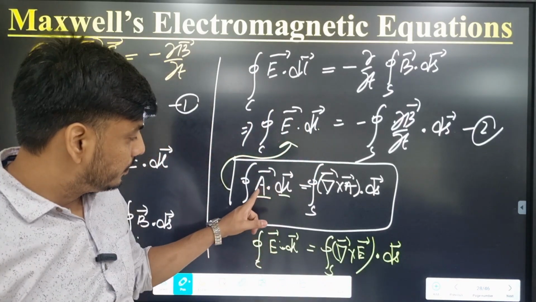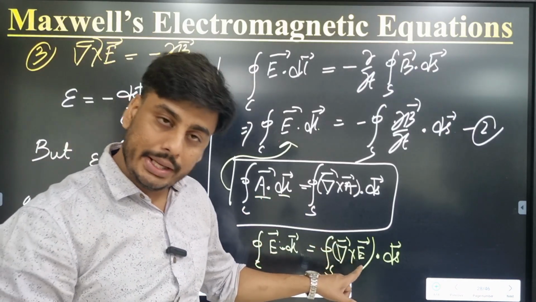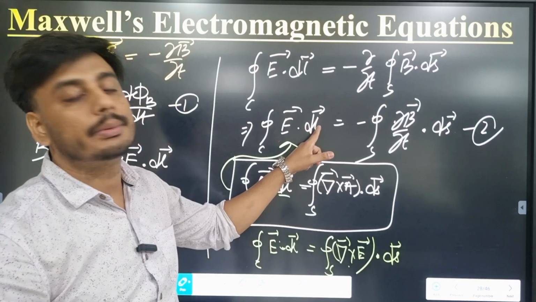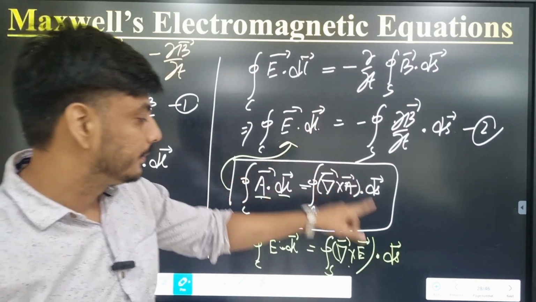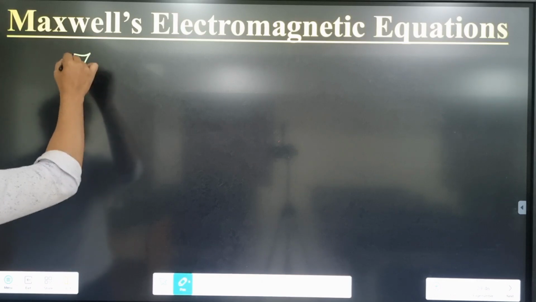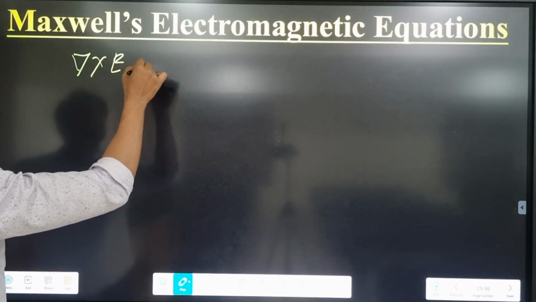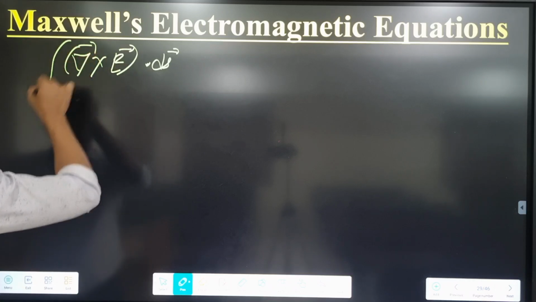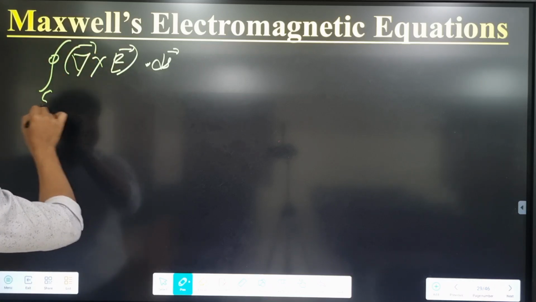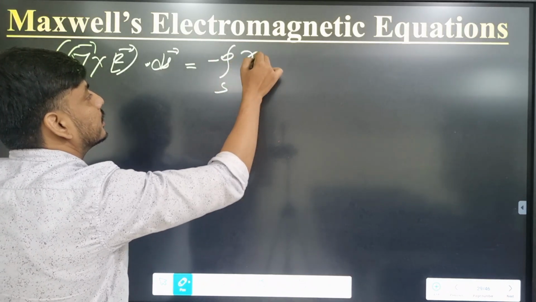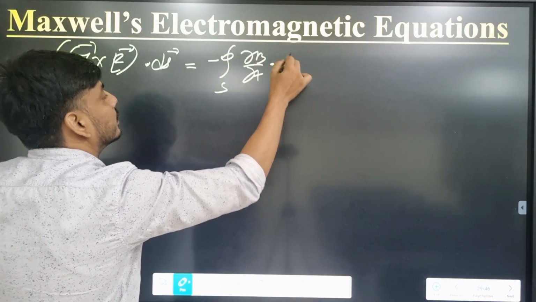Only in place of A we have changed to E, because in our equation we have E. Now we use this in the LHS of equation number 2. So del cross E dot dS integrated over S. On the right hand side you have minus the integral over S of del B by del t dot dS.